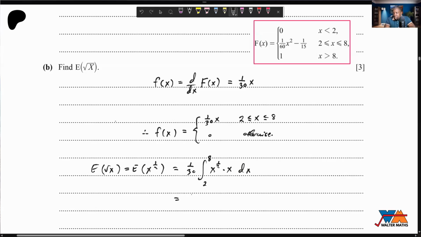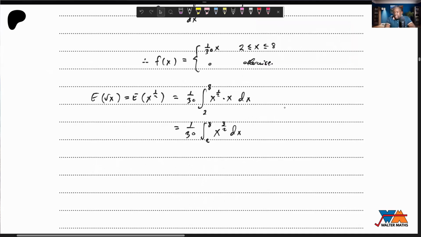So that's 1 over 30 of the integral from 2 up to 8 of x to the power of 3 over 2 with respect to x.